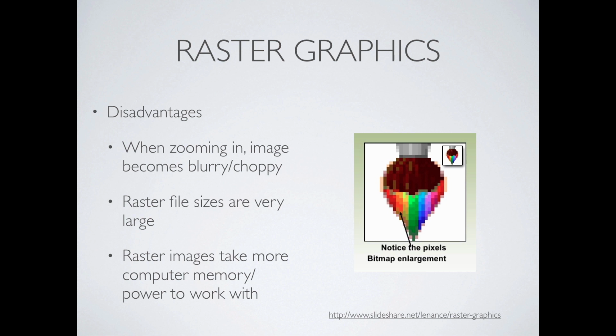Raster file sizes are very large because they're made up of a bunch of individual squares that are all different colors. So if you think about the file has to say all of these squares are this color. So this square is this color, this square is this color. And the more pixels you have, or the more squares you have, the heavier the file is, the bigger the file is.